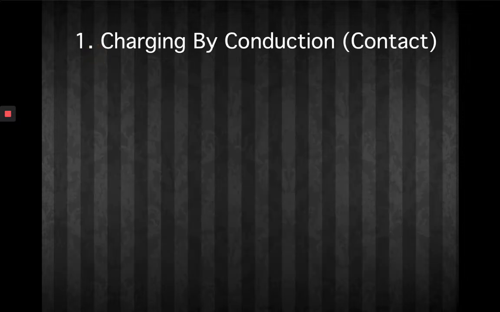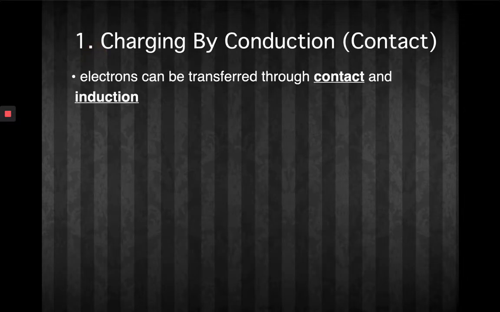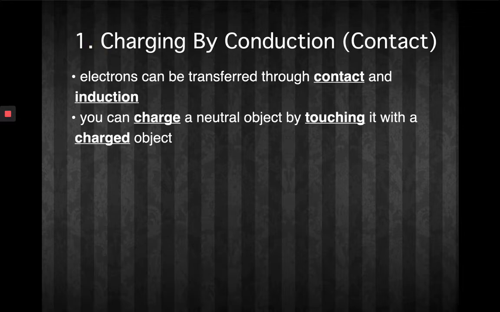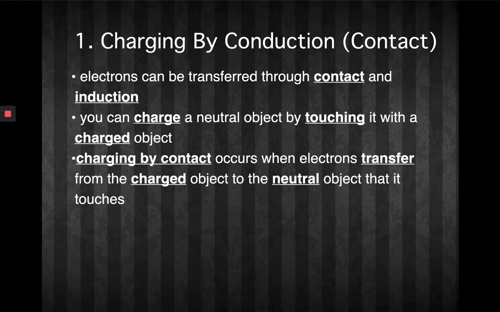So we have two ways that we can charge our electroscopes, or that we can transfer our electrons. We can transfer or charge by conduction or contact, and we can charge by induction. So we're going to start by looking at charging by contact. You can charge a neutral object by touching it with something that is charged.